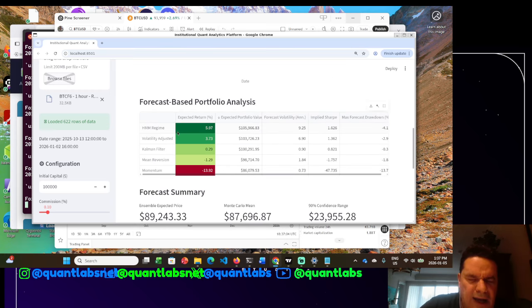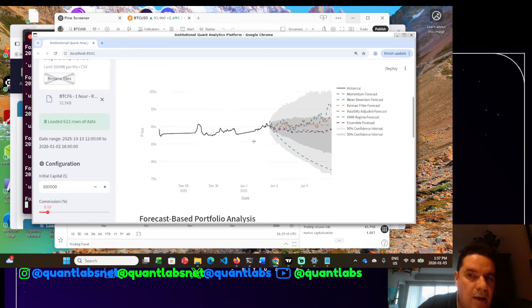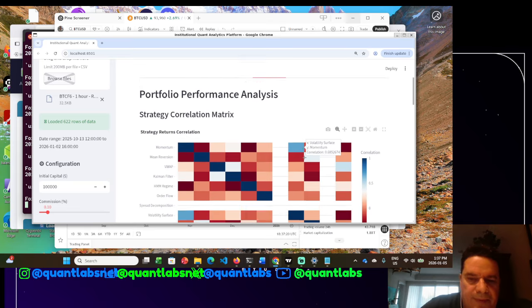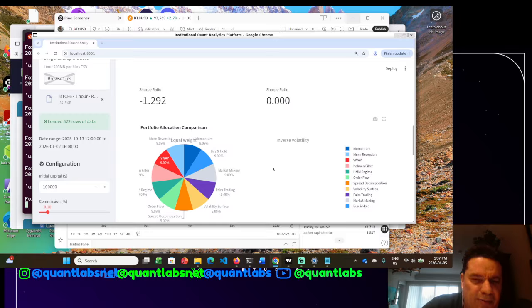You can see here that, yeah, that's hidden Markov regime. And then you can see here a little bit better, nearly 6,000 in a very tough condition, possibly. I don't know. Portfolio analysis as well, the different correlations between these strategies, optimal portfolio.